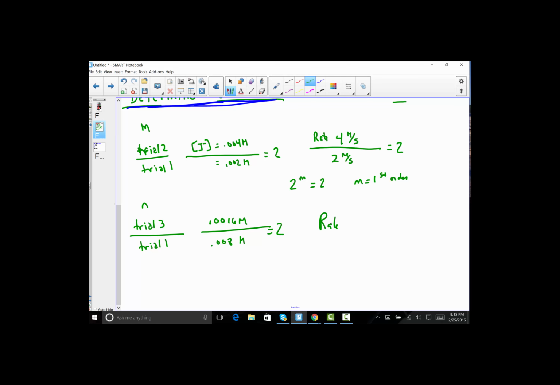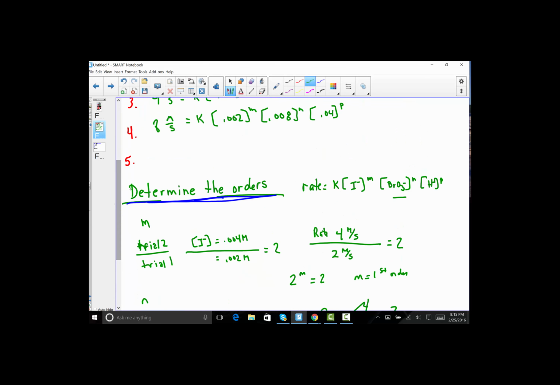Notice that the numbers I just generated are the same as what's above, 4 over 2, which is a factor of 2. 2 raised to the n gives me 2. And what does that look like? 2 raised to the n is first order. So far we have found m is 1 and n is 1: first order with respect to iodide, first order with respect to bromate.